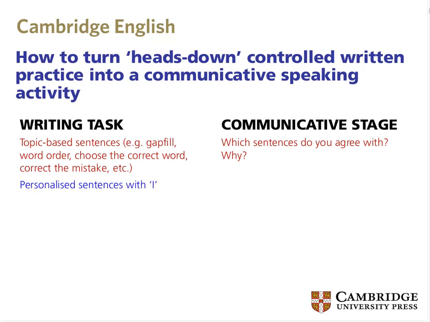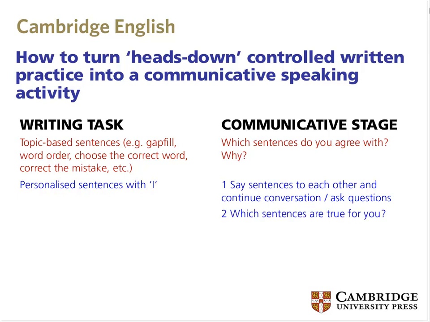If the writing task is personalized sentence with I, so it's a gap fill, etc., but they all begin with the pronoun I, you can ask students to say the sentences to each other and continue the conversation or ask questions, or decide which sentences are true for them, then talk in pairs. If they're questions with you, he or she, you can just get them to ask and answer in pairs, like we showed with the articles and the word order questions we were looking at earlier.